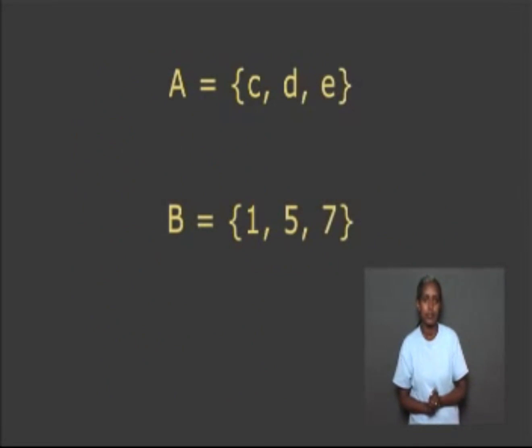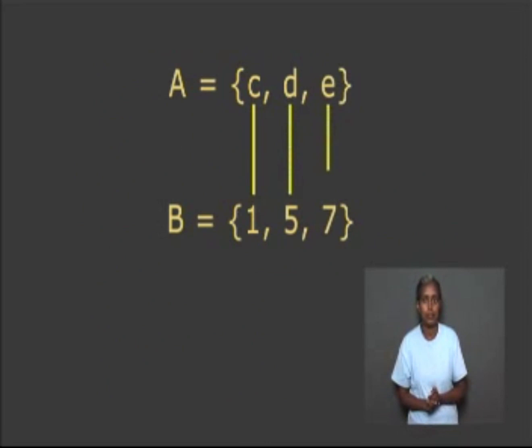If 2 sets are not equal, they can still be equivalent. Consider these 2 sets. A is the set of elements c, d, and e. B is the set of elements 1, 5, and 7. Obviously, these 2 sets do not have the same elements, but they do have the same number of elements.